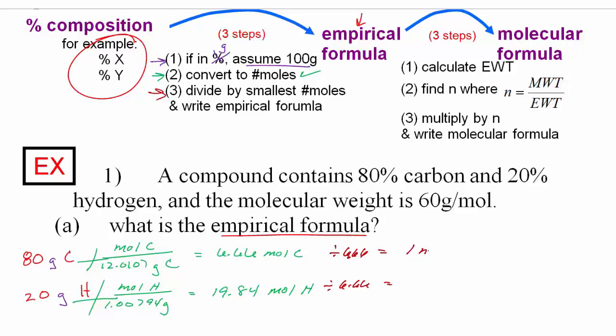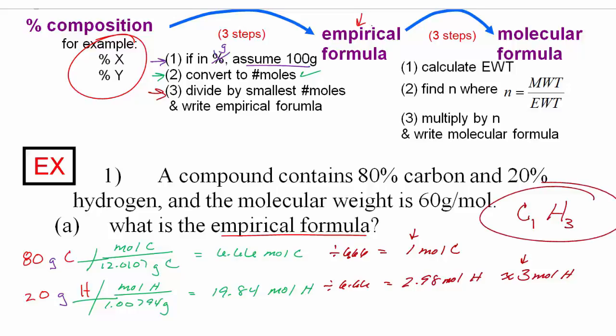So I'll have 1 mole of carbon for every 19.84 divided by 6.66, about 2.98 moles of hydrogen. So that's pretty much just 3. We got to round that up. So I have C1H3. There's my empirical formula.